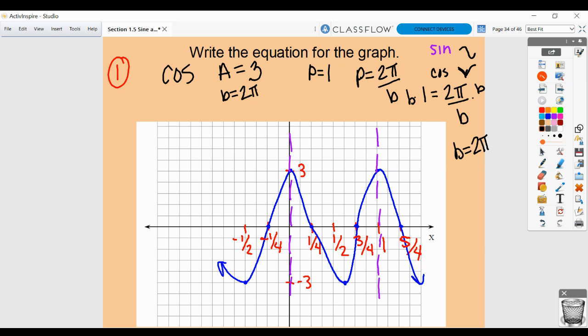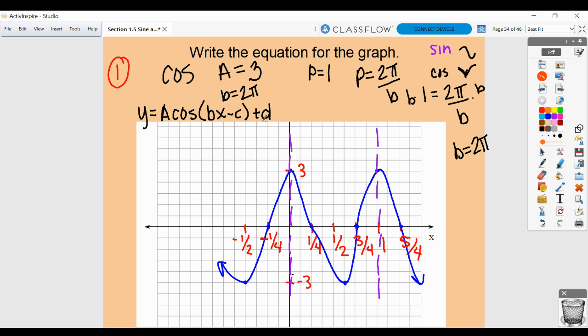So to write your equation, remember this is how it looks regularly. We don't have a c because you started at the y-axis.